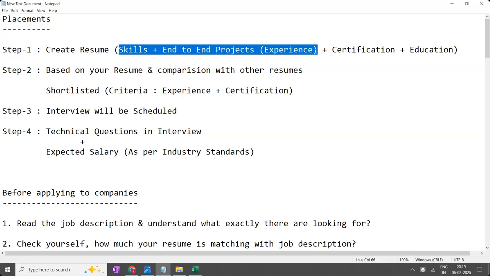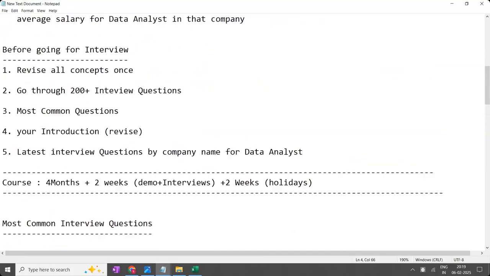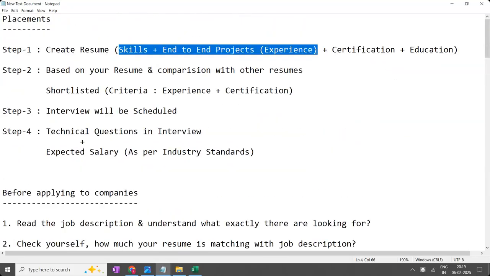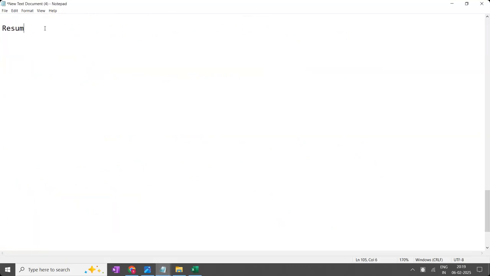So total, how many projects are we going to do? Here the point is, in the class, first I am going to share the skills: Excel, followed by SQL, followed by statistics, followed by Python, followed by Power BI and Tableau.